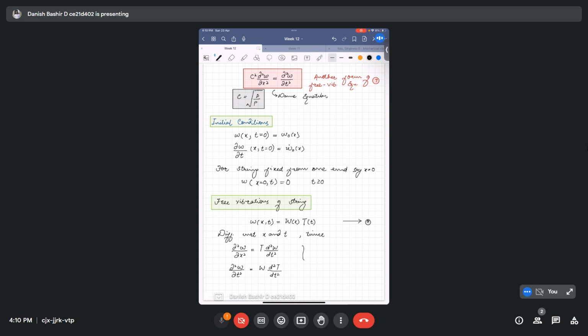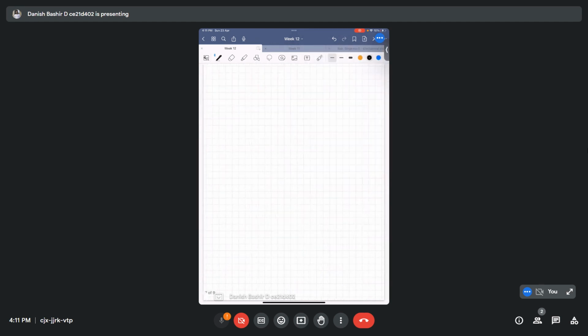I am terming this whole system as 9. So using 9 in equation 7, we will have this thing.